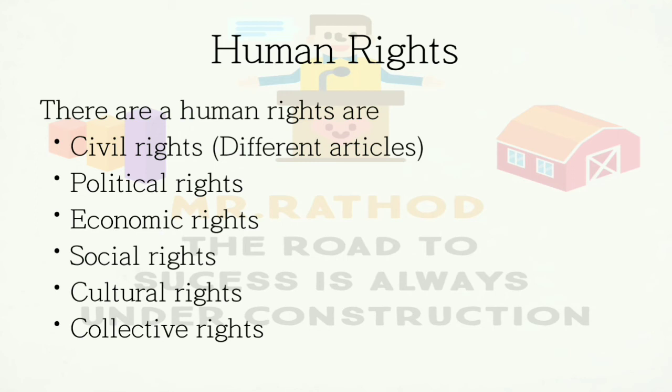Some articles for human rights included in civil rights are the prohibition of discrimination on the basis of race, color, gender, language, religion, political or other opinion, national or social origin, property, birth or other status.